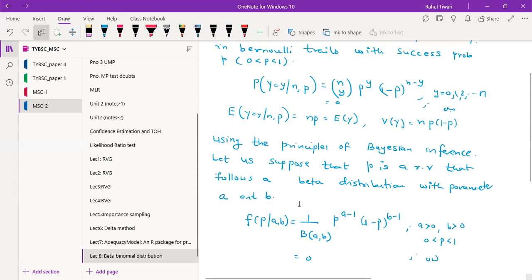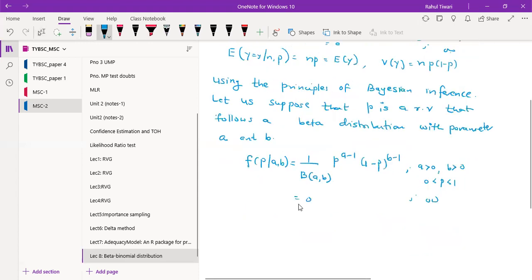Okay. So using the concept of Bayesian, one can get the probability density function of y equal to y given the parameters a and b, which is the same as the integration over the range 0 to 1 of the probability of y equal to y given n comma p, into your PDF of p.